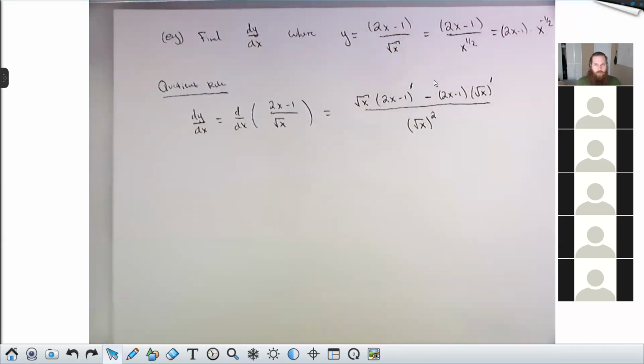This is for sure one way to attack this problem. Now, when it comes to calculating the derivative of the square root of x, we need to be a little bit careful.